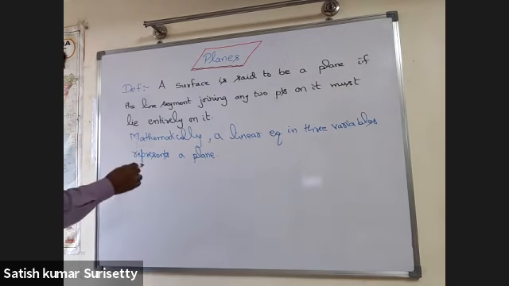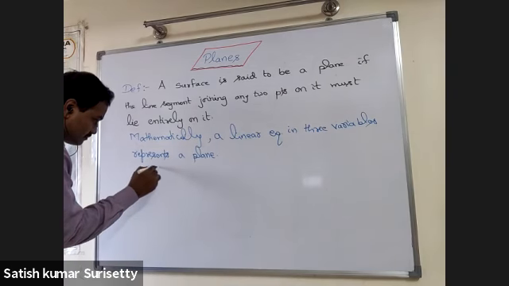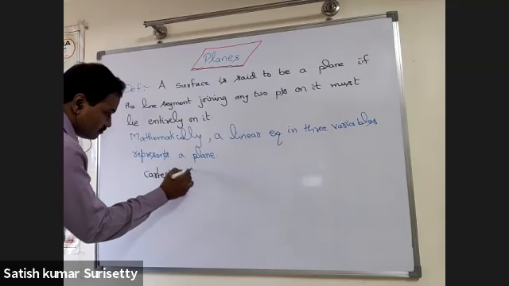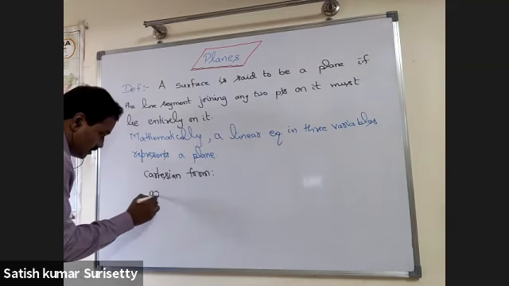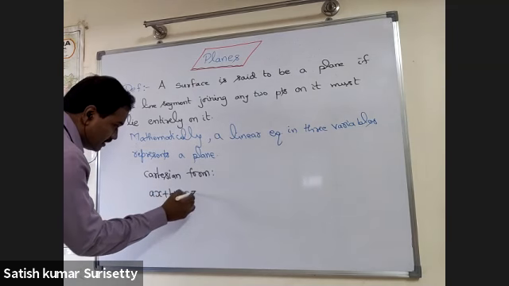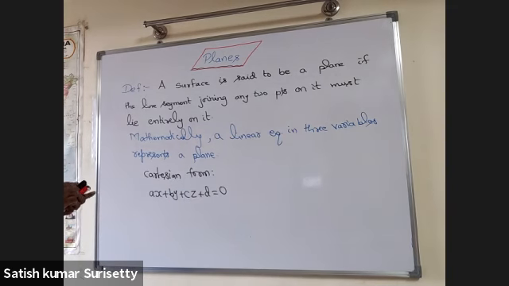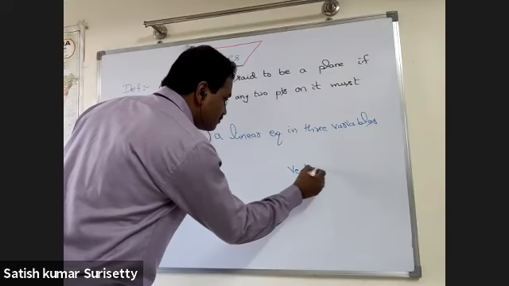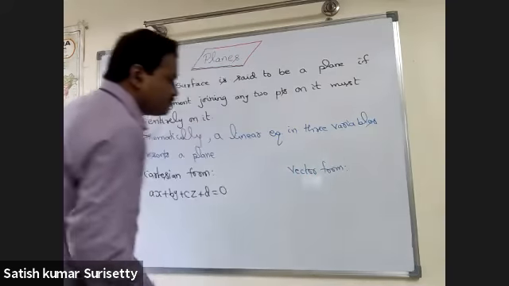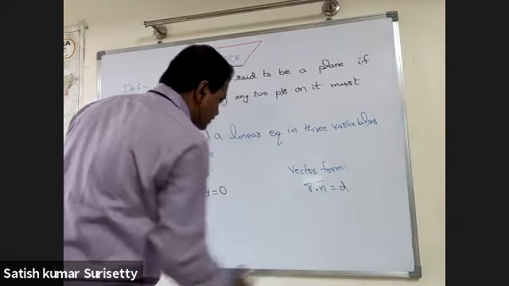So equation of the plane in Cartesian form: ax plus by plus cz plus d equal to 0. Vector form: r bar dot n bar equal to d.